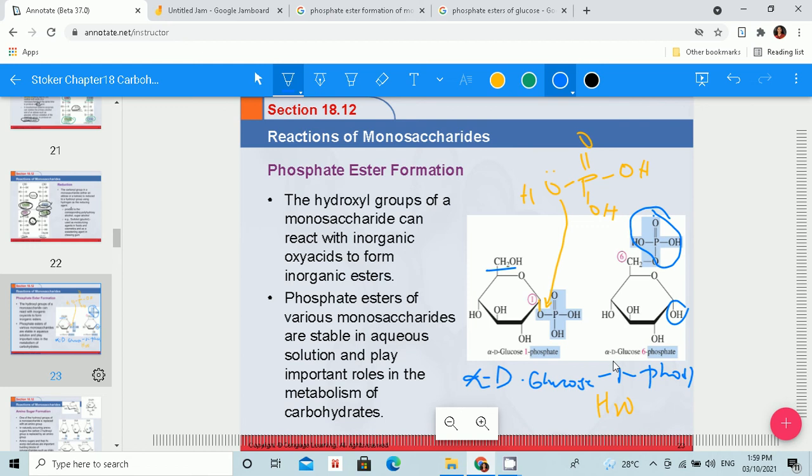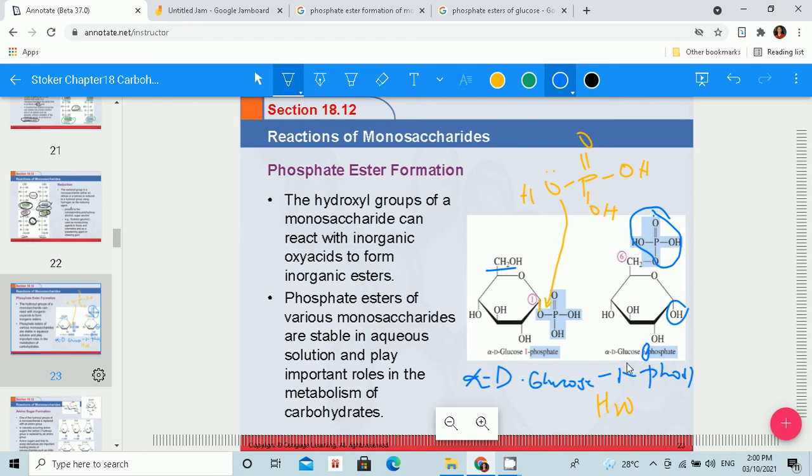So we put alpha D glucose and then we put 6. That's the locant, the position of our phosphate ion. So it's in carbon 6, so we call that one alpha D glucose 6 phosphate.